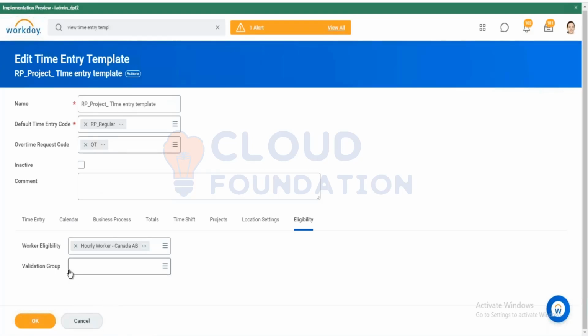What is a validation group? What do you understand by the name validation? So basically, validation is like if somebody enters time wrongly, it validates and gives an error. For example, if in a day they can only enter 8 and they enter 9, it's going to give them an error. That's the validation I understand. Correct.